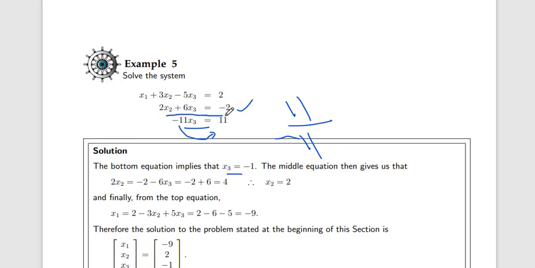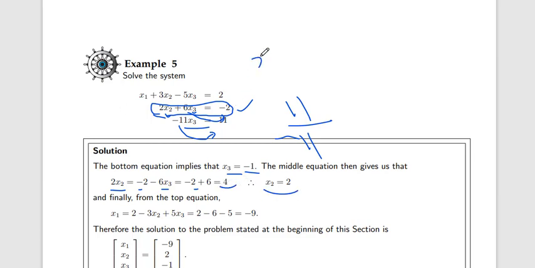Here you can see that there is only one unknown, x2. We know the value of x3, so we will put it in the second equation and then find the value of x2. So 2x2 is equal to minus 2 minus 6x3. What is the value of x3? Minus 1. Minus 2 plus 6 is equal to 4, so we get x2 is equal to 2.